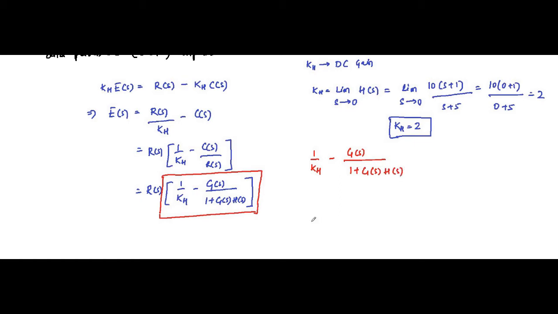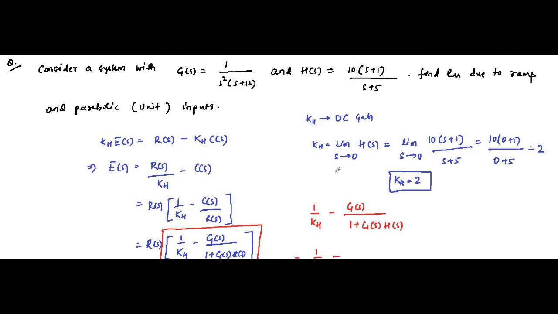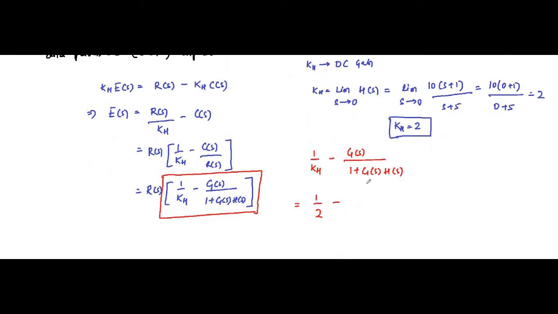Okay, so here we have to substitute the values. Kh is 2, so 1/2 minus G(s) is equal to 1/(s²(s+12)). Be very careful when solving these kinds of expressions, because they are lengthy, and when it becomes lengthy it is very easy to make mistakes. And this is G(s)H(s) = 10(s+1)/(s²(s+12)(s+5)).